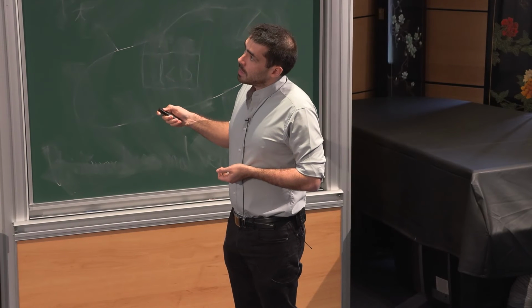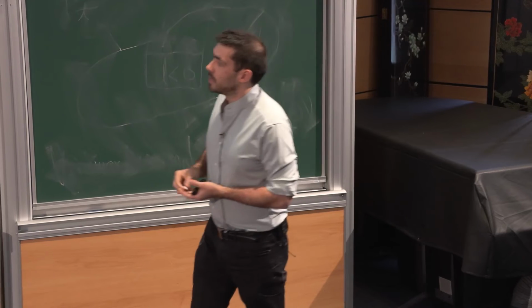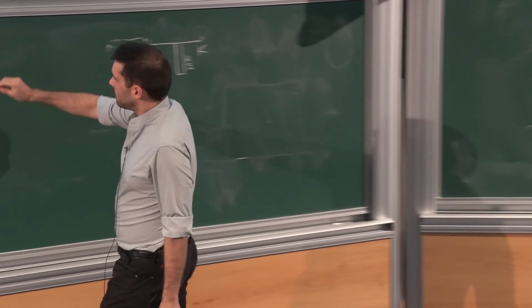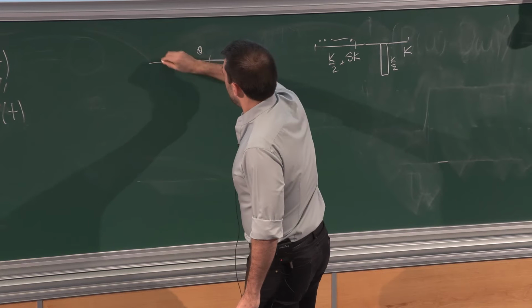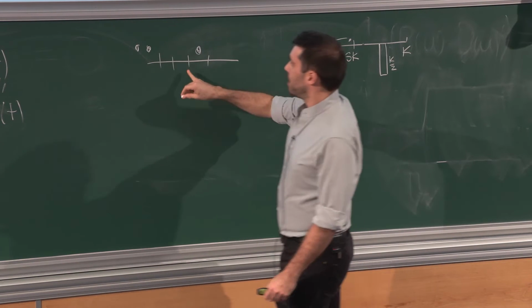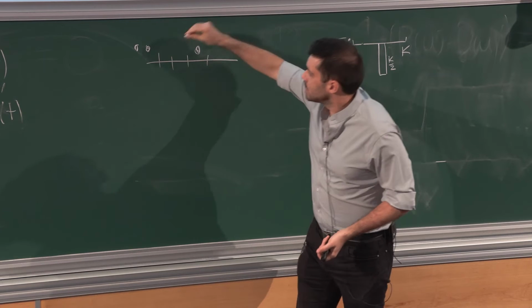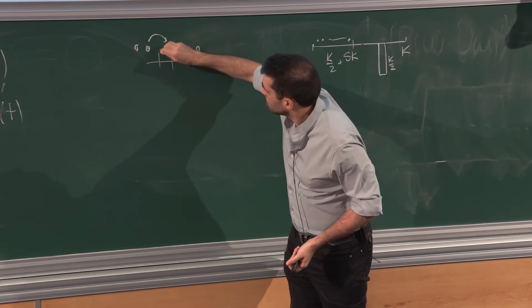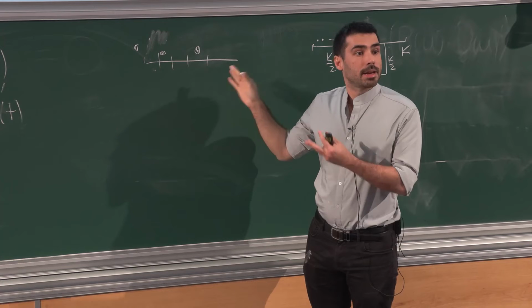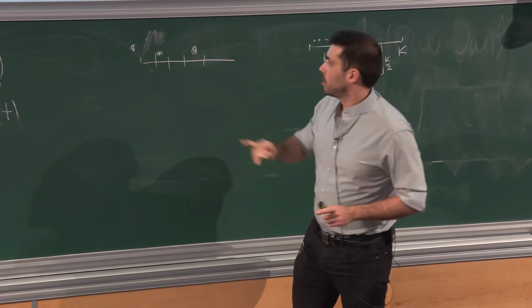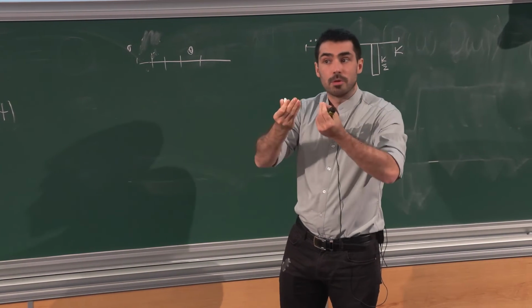A second remark is that if empty sites are isolated, then we are in what we call an ergodic state. What I mean is that if you have a pair of neighboring empty sites, you can break it down, in the sense that a particle can jump in, and now the two empty sites are no longer neighbors. This can happen. The reverse, however, is not possible: two empty sites cannot become neighbors.